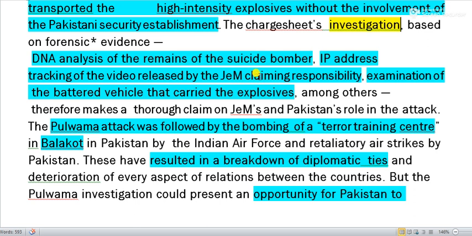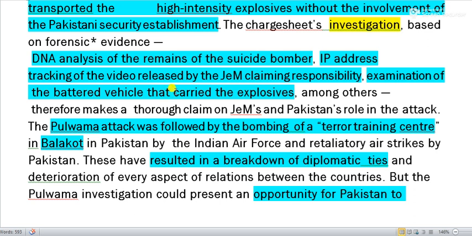This was an important evidence. Examination of the battered vehicle that carried the explosives. The third thing was examination of the vehicle which carried explosives and collided with the bus which carried CRPF men.